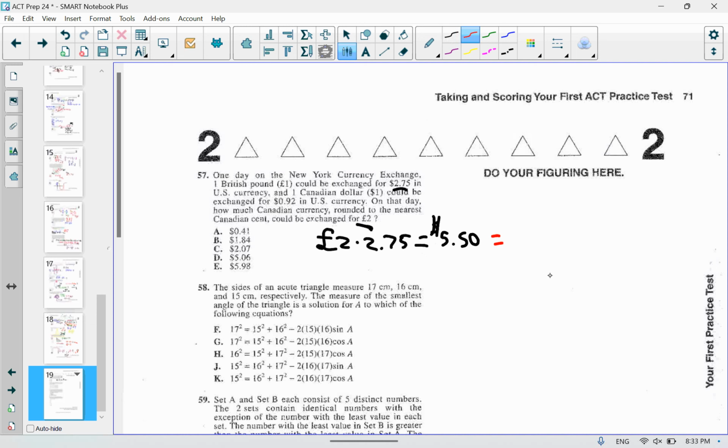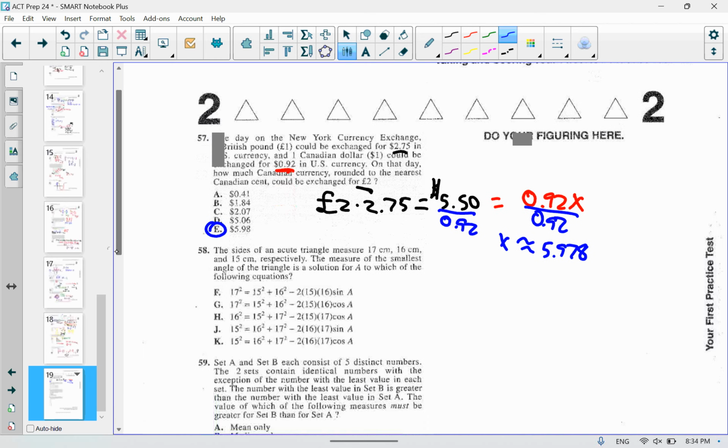Now, I also know that the Canadian dollar gets 0.92, so 0.92 times x, where x is how many Canadian dollars I would have. If I were to try to get x by itself, I would simply divide by 0.92. So 5.50 divided by 0.92 would give me roughly 5.978, or $5.98.